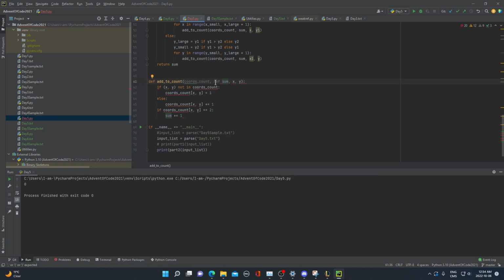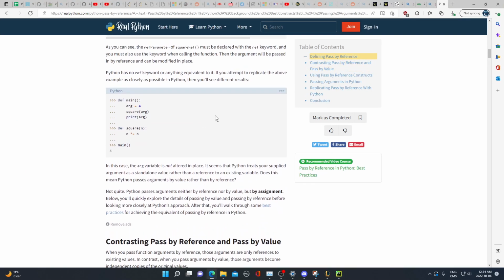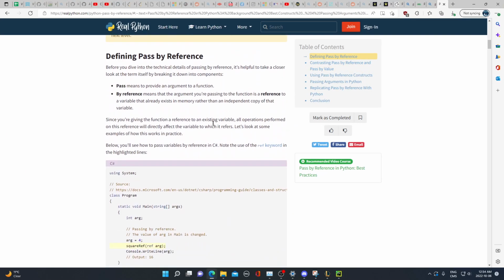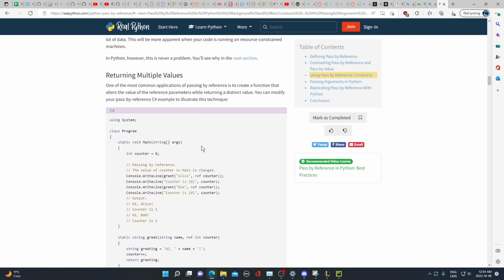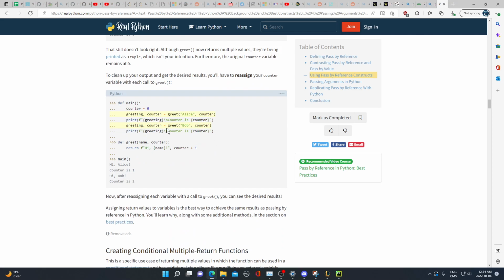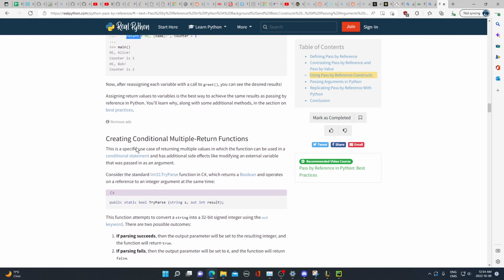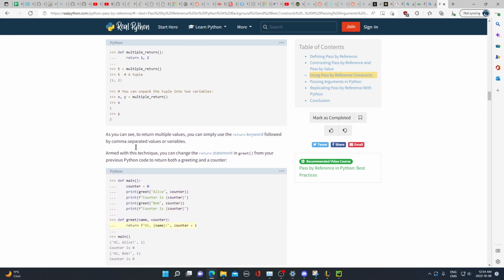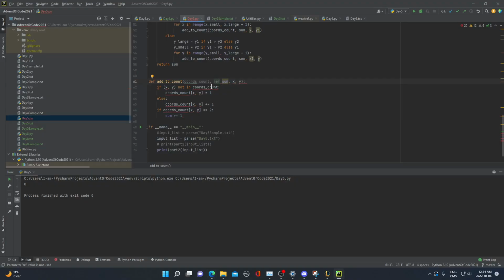Didn't know there was a ref keyword. It doesn't work, right? Oh, this is C sharp. What am I doing? Of course C sharp has pass by ref. Yeah, I was thinking that maybe I have to just return it, huh? Yeah, whatever.